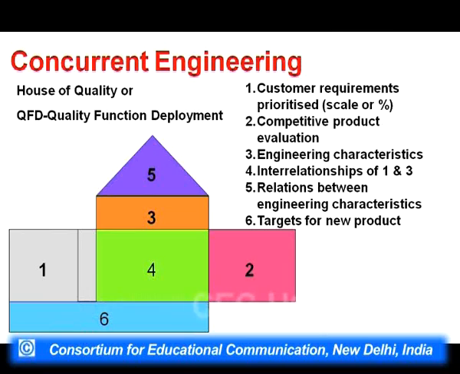So, this is the house of quality. This is nothing but the collection of matrices, and these matrices finally give us the features to be added in the product and the processes and the material of construction to be used for the product. And this is a very simple and mathematical process.